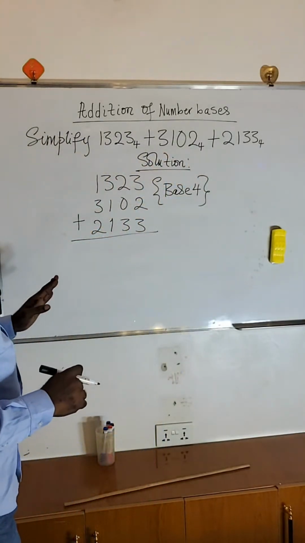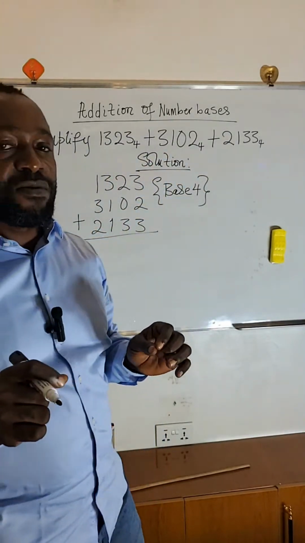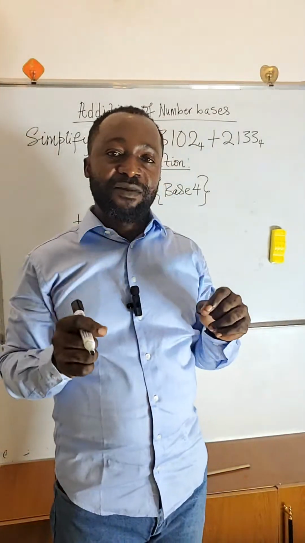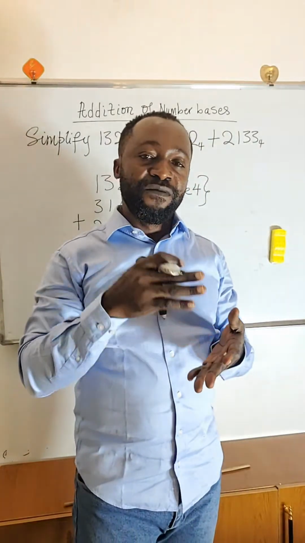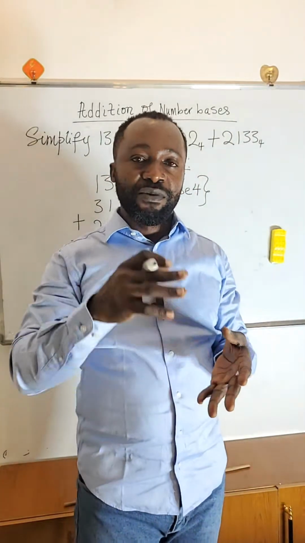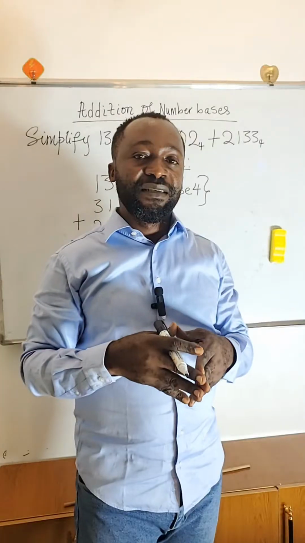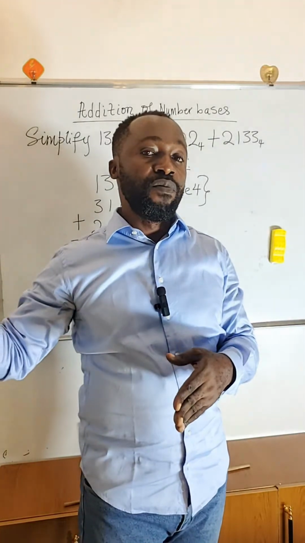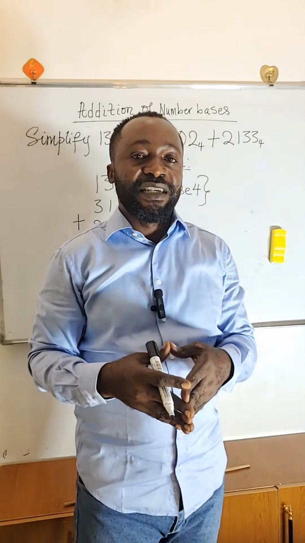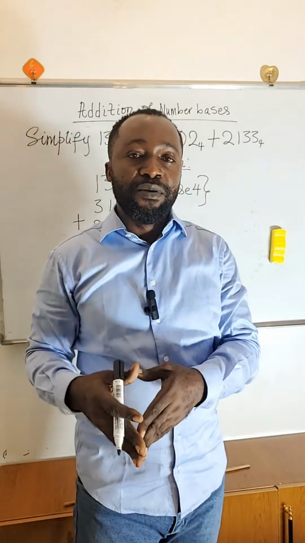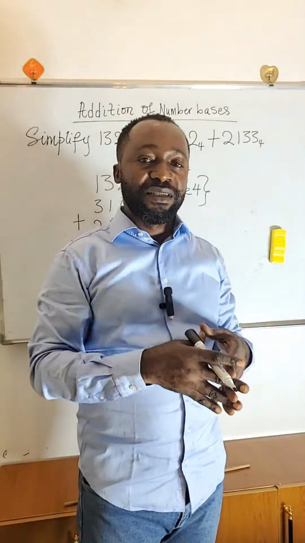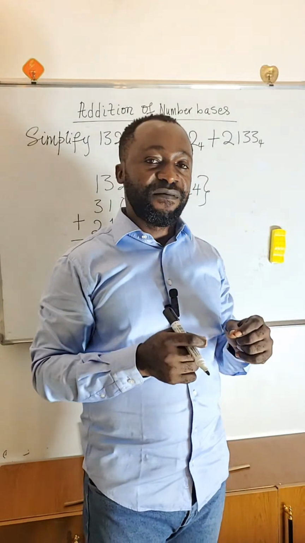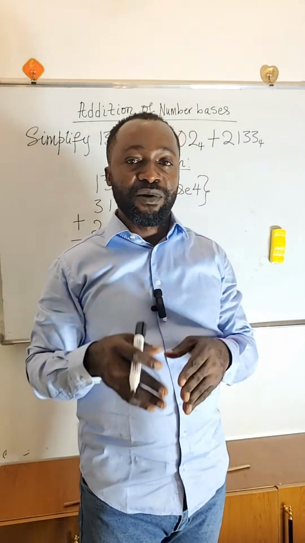In this particular addition, just like we did in base 2, if you are working in base 2, you cannot have an integer such as 2 or more, but you can have integers below that base number, which is, if you are working in base 2, you can have integers like 0 and 1.